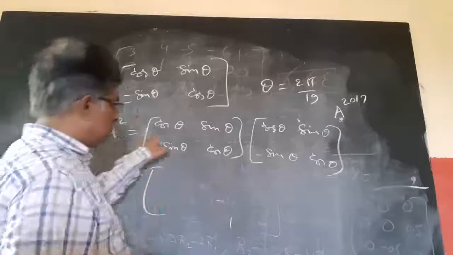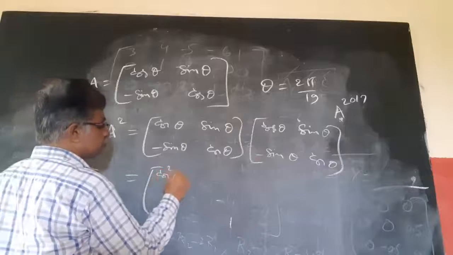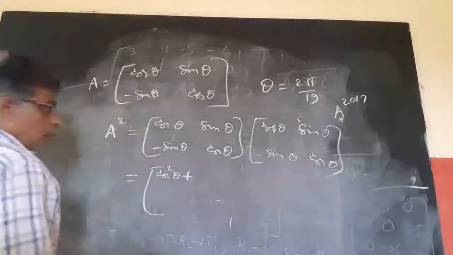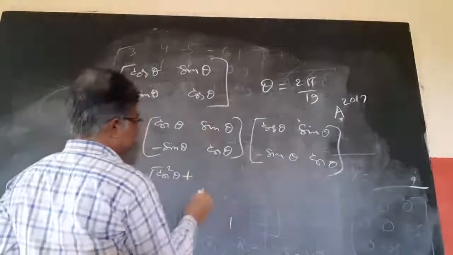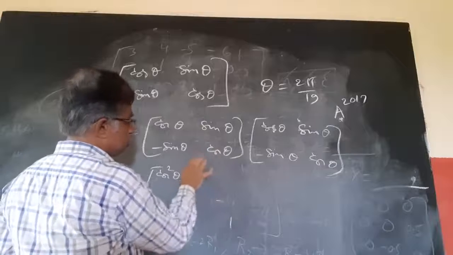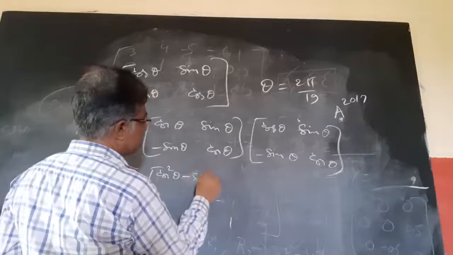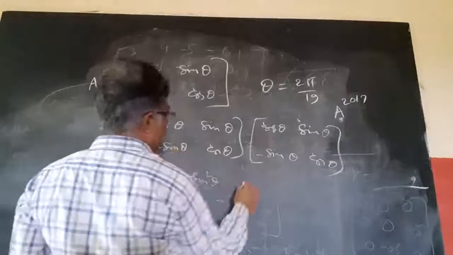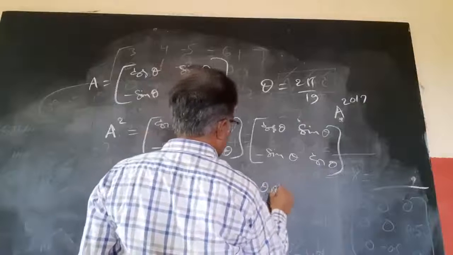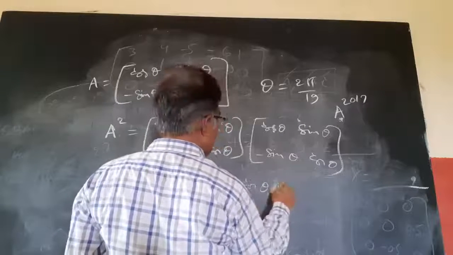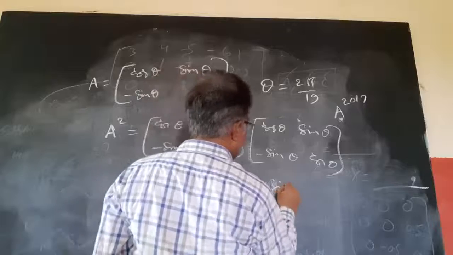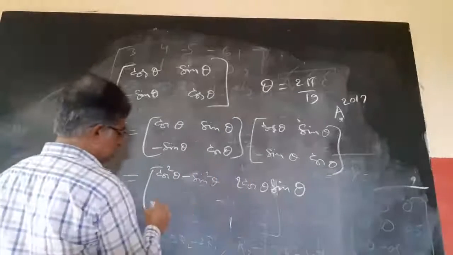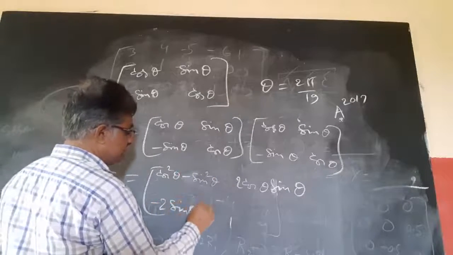So A square equal to cos into cos square theta plus sin into minus sin theta gives you minus sin square theta. Next, cos theta sin theta plus cos theta sin theta becomes 2 cos theta sin theta. I am writing directly. Next, minus sin theta cos theta minus cos theta sin theta means minus 2 sin theta cos theta.